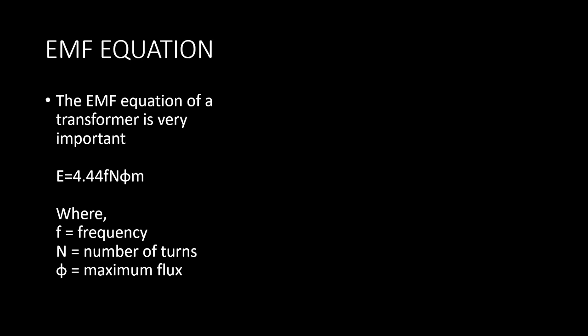So now we are going to discuss the EMF equation. The EMF equation of the transformer is very important. That is E = 4.44 f N phi m, where f is frequency, N is number of turns and phi m is maximum flux.